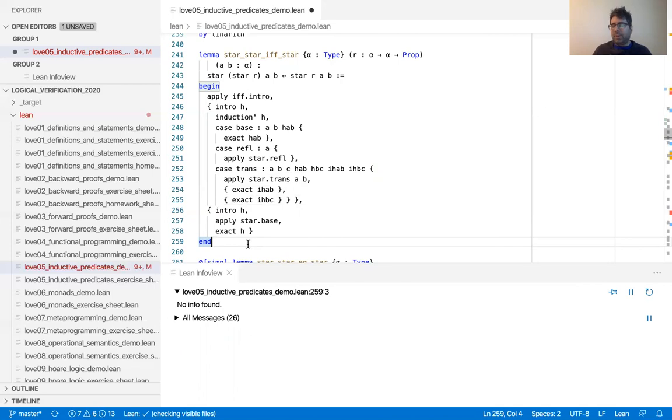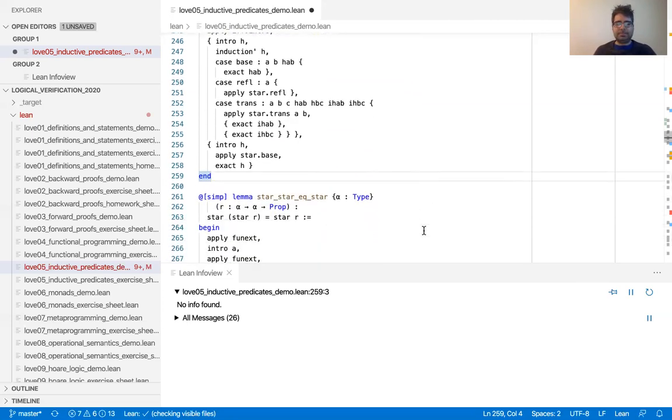Of course, we might forget one of them and be blocked, and then we ask for help and then we go further. But my point is this whole proof was fairly automatic. Whereas if we had worked on paper, this would have been quite hellish, and by the end, we would not be sure if we really have proved it. At least that's how I feel about most of these inductive predicate proofs on paper.